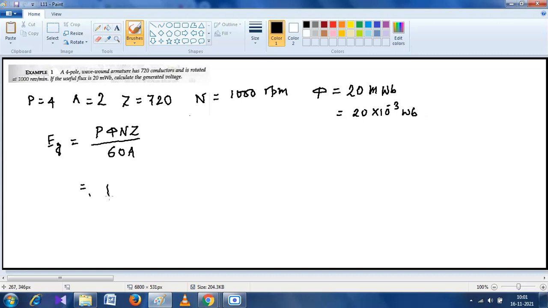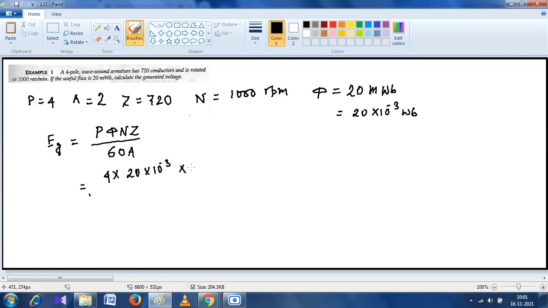What is the value of P? 4. What is the value of phi? 20 milliweber, 20 into 10 to the power minus 3.